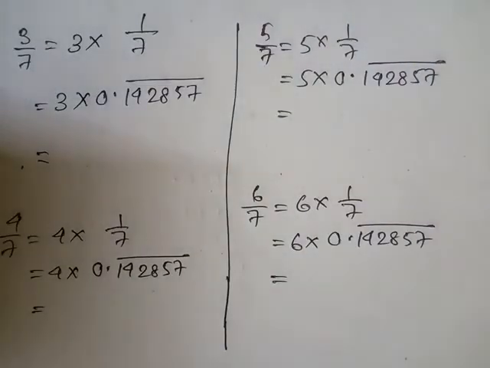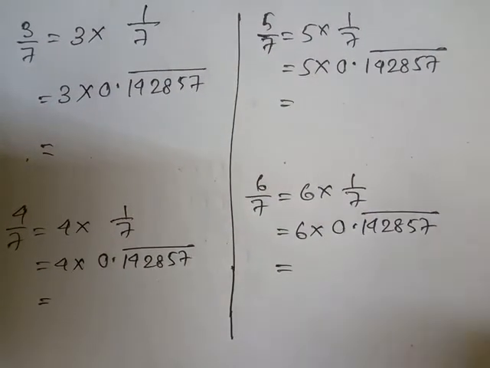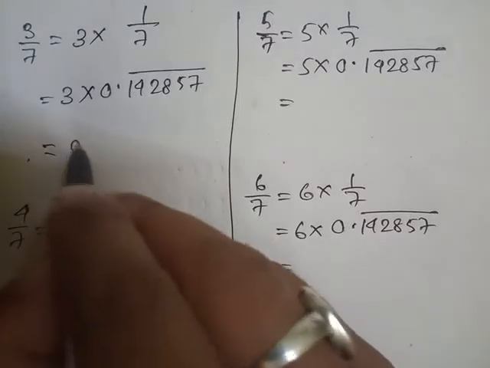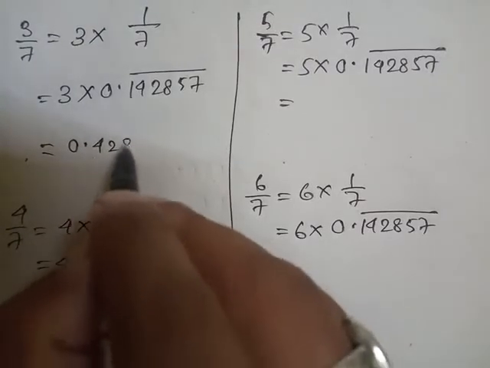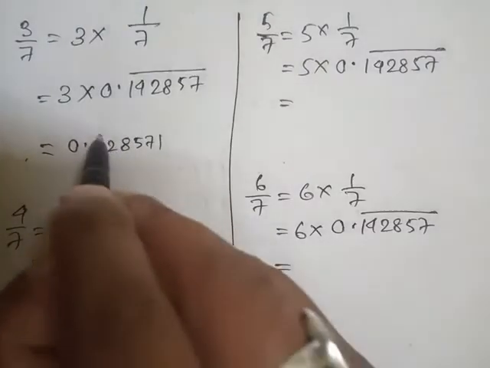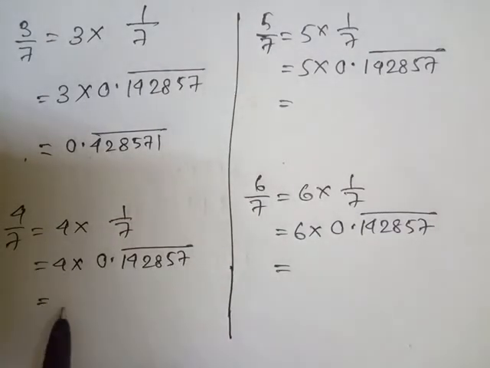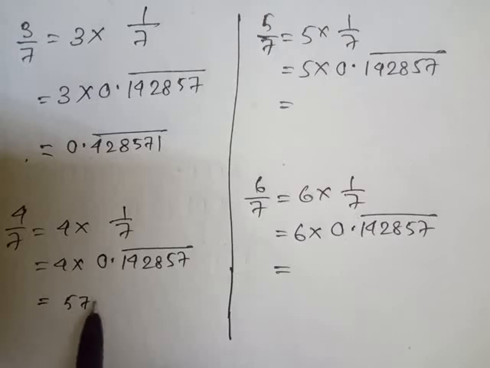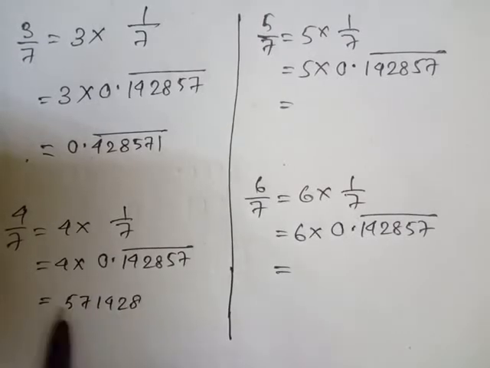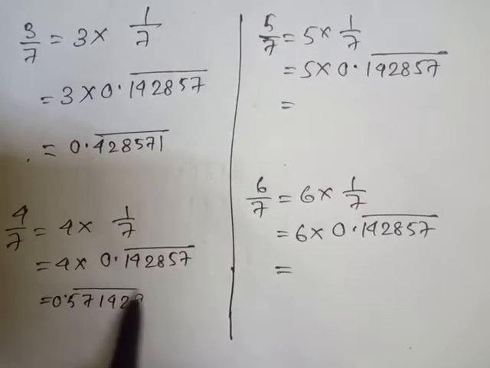Look, the first value means 3 by 7. 3 by 7 would be 0.428571 bar, and 4 by 7 would be 0.571428 bar.